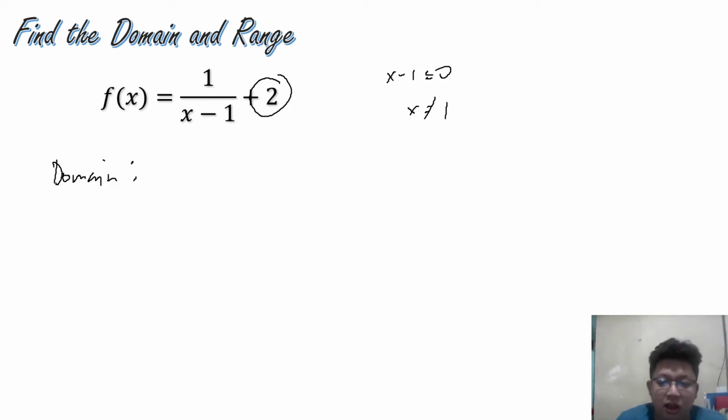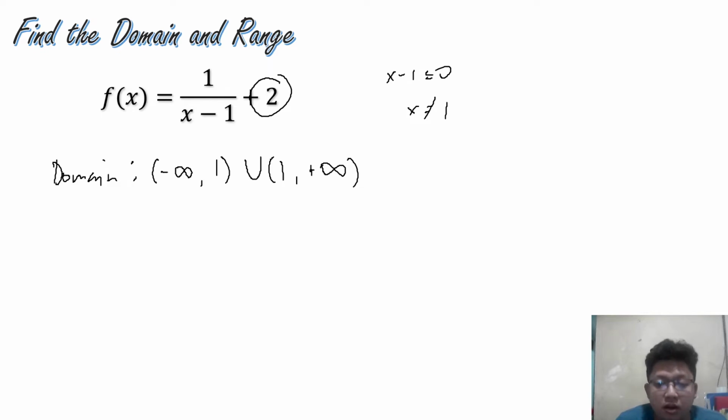So in interval notation, we can present it in this way. Because we have 1, so negative infinity up to 1, union 1 to positive infinity.